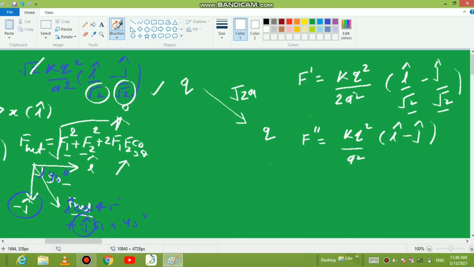Now these two forces are along each other and the angle between them is 0. So the resultant force can be found by adding them.